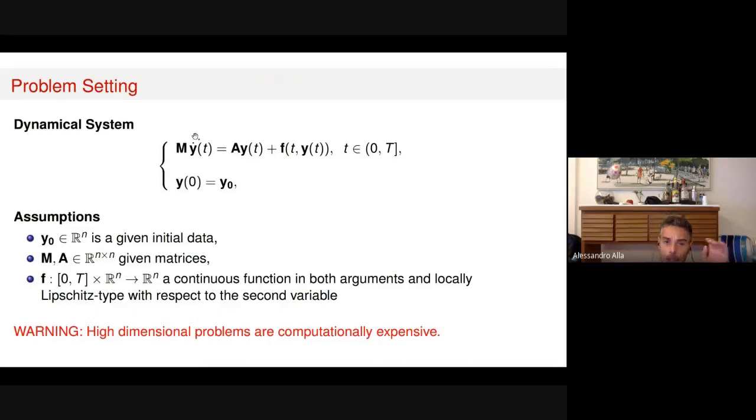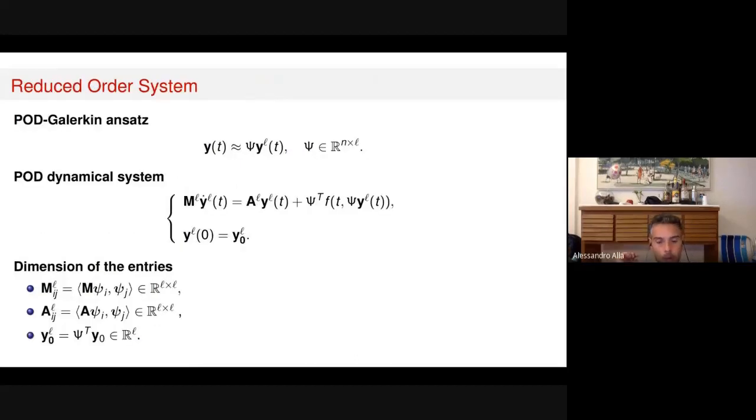So let me explain how proper orthogonal decomposition works. Let's forget about the control problem and just get into the dynamical system. You can think this is a discretization of a PDE, I really don't mind. This is a large system, expensive to solve. So we can suppose that there is an orthonormal basis such that our solution might be decomposed into the orthonormal basis times some coefficients.